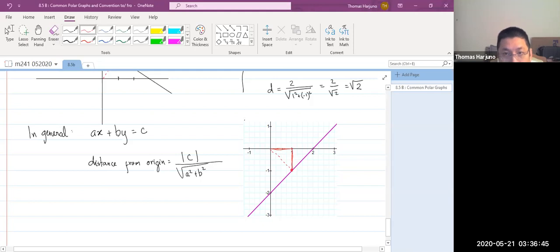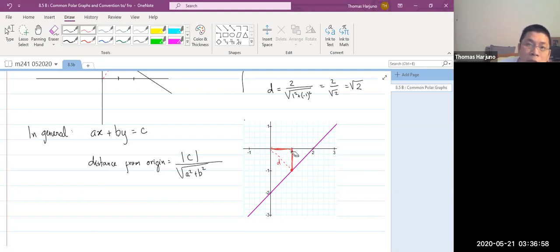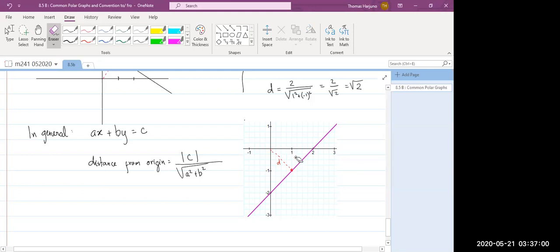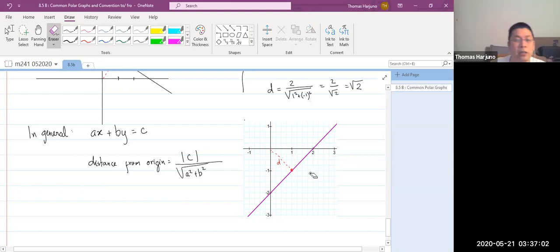So the distance d is confirmed to be square root of 2. Does it make sense? It just happened that we can see that here though.